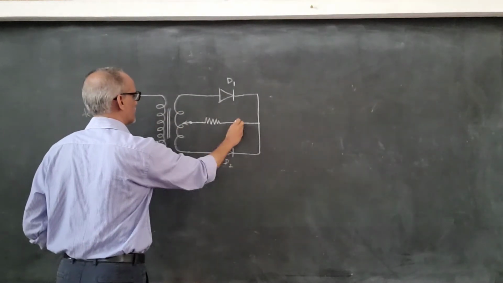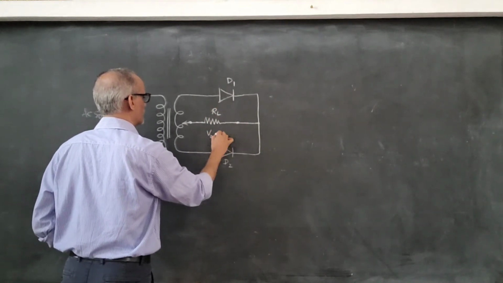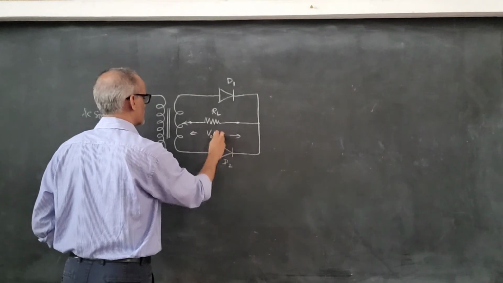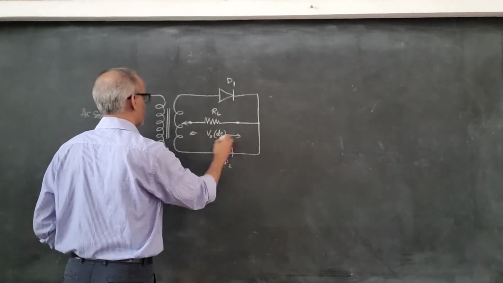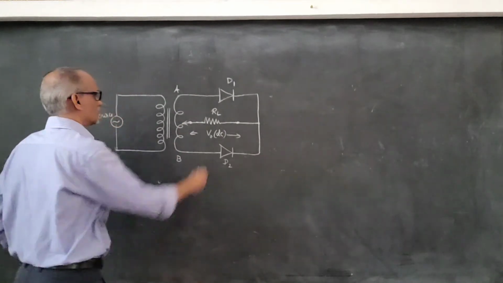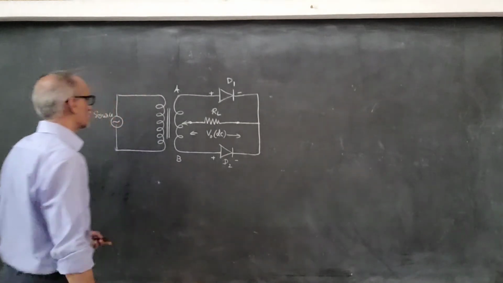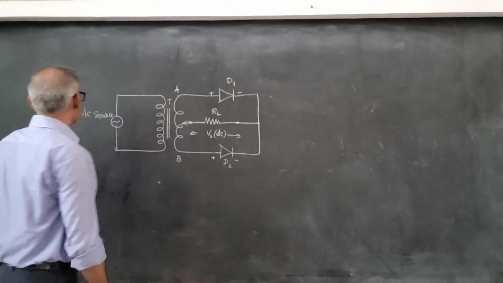So this is the load resistor RL across which we find the output voltage, which is DC. So this is A here, this is B, positive, negative, positive, negative. So this is the transformer.